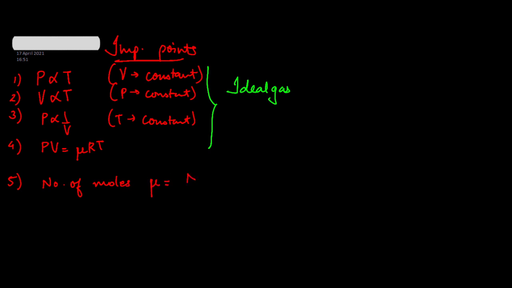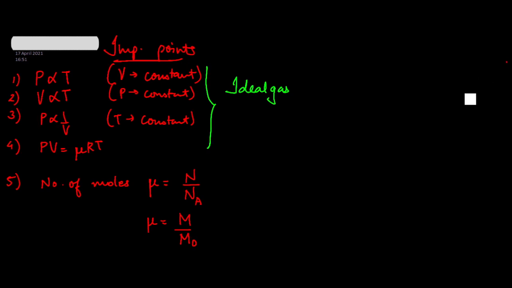Mu is equal to N upon Na, and there is one more way to write it: mu equal to capital M upon capital M0. You might be aware of these things, but yet I'm going to note down or clarify the terms so that you don't have a problem at a later stage. So what are these terms?